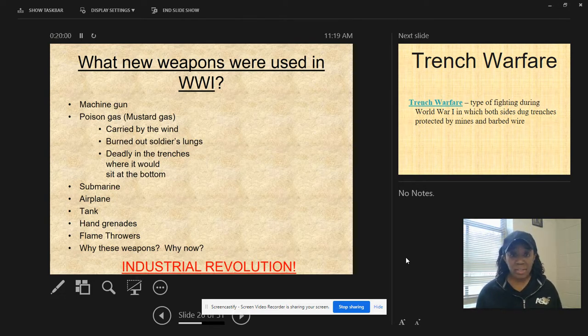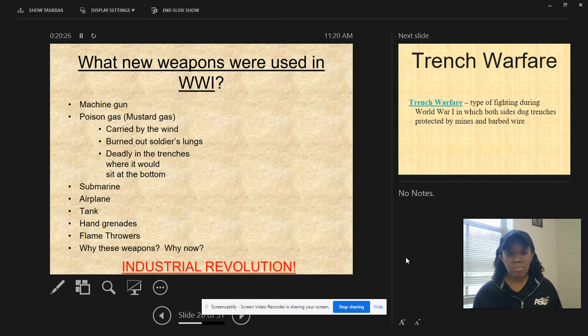They would spray it into certain areas, and they had to watch the weather because sometimes the wind blows backwards. So they would spray it, and then it would blow backwards, and they would kill themselves off with the gas that they sprayed to kill the enemy. They had submarines, airplanes, tanks, hand grenades, and flamethrowers.